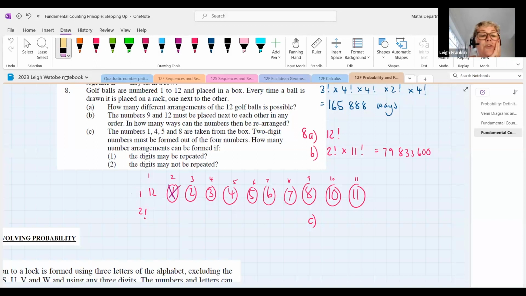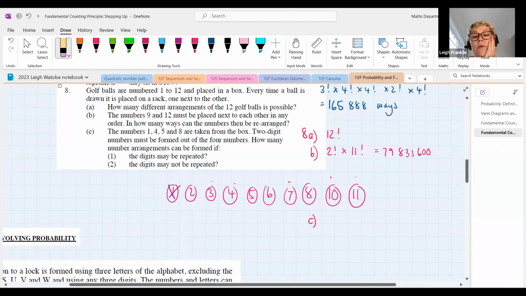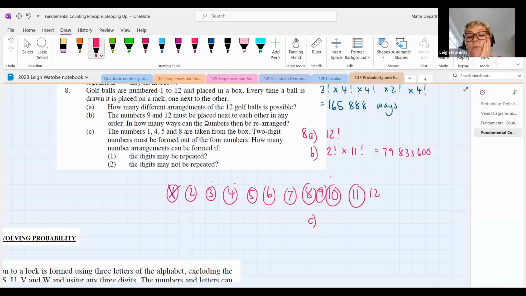So maybe what we should do is put them back in place. We can slip 9 in over here, and we can stick 12 at the end. So what are we taking out? 1 and 4 and 5 and 8.